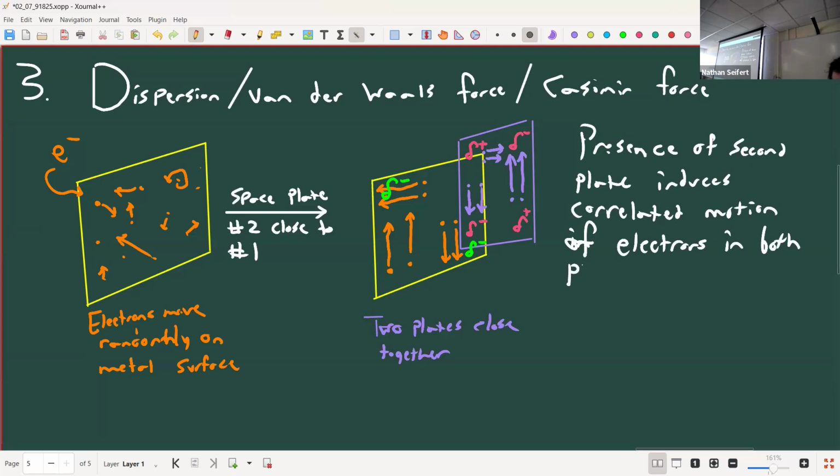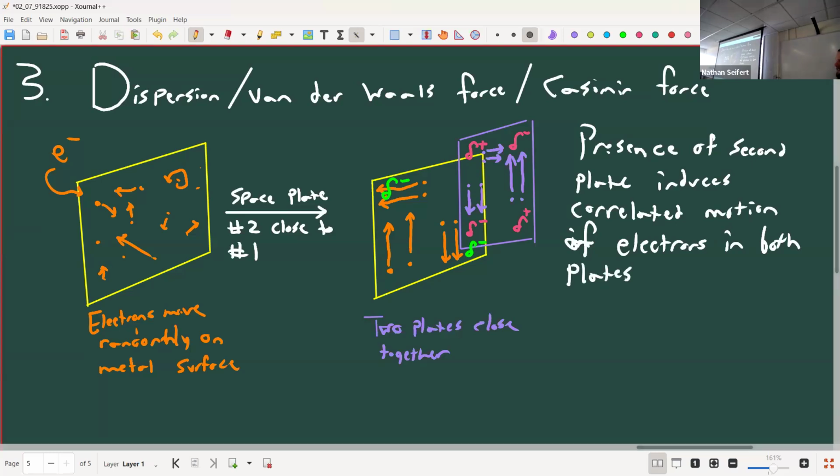Right? And the scientific term chemists use for this motion is literally called electron correlation.